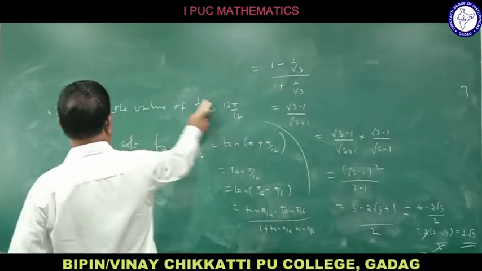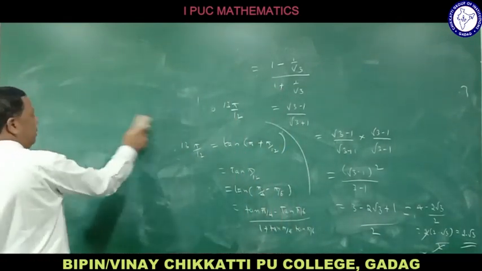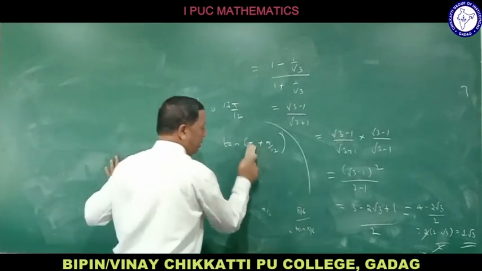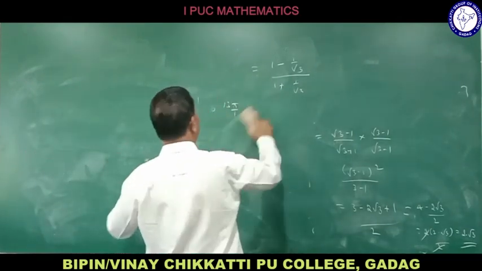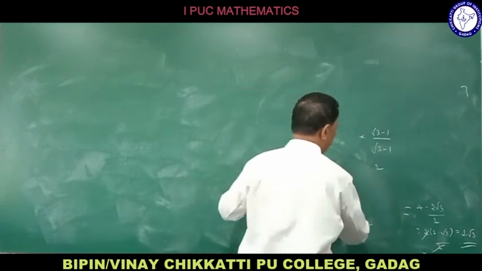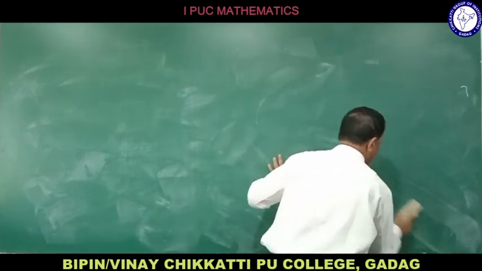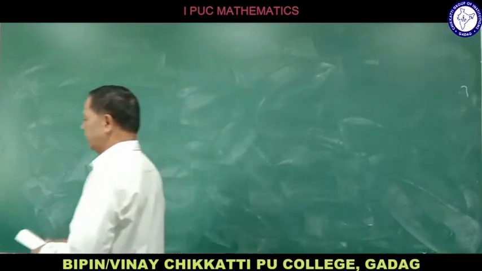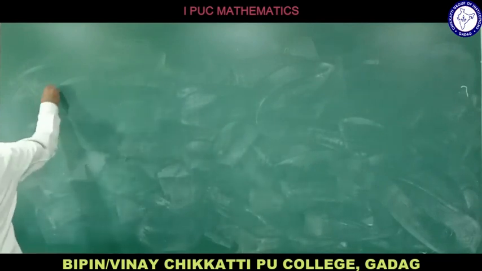Next, the fourth problem I am going to say now. That is a very interesting problem, and only when you know the identities perfectly can you do all this. Next problem, number 4.